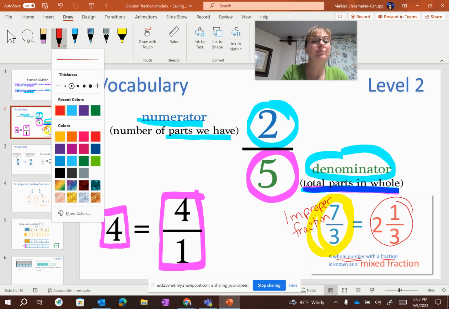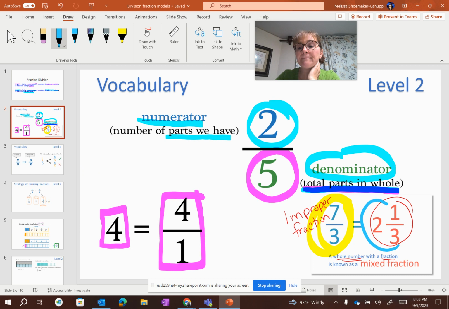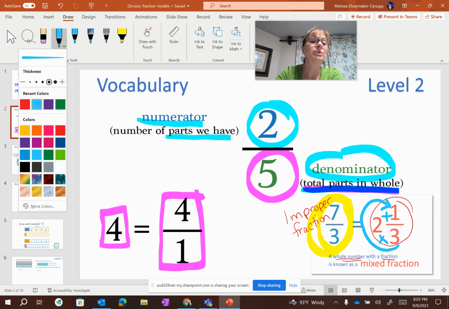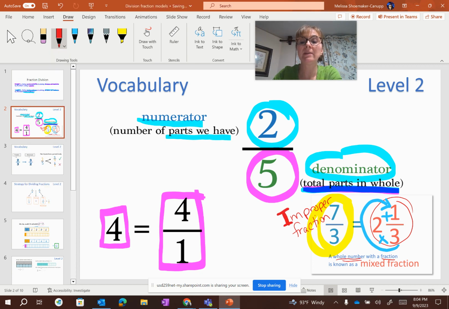We also practiced going backwards and turning a mixed number into an improper fraction by doing the backwards C, which is 3 times 2 plus 1. Now, we can practice just that again if we need to. You're going to need to be able to do that in order to be successful at dividing fractions when there are mixed numbers.